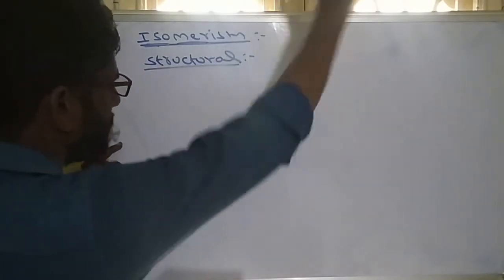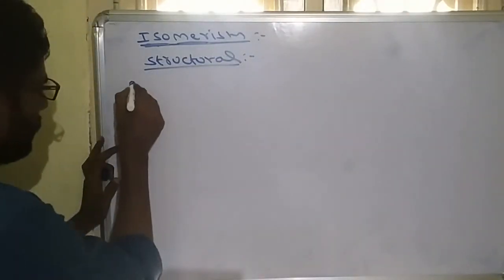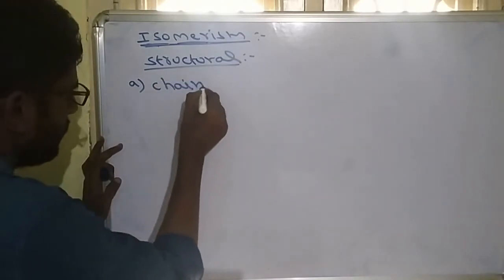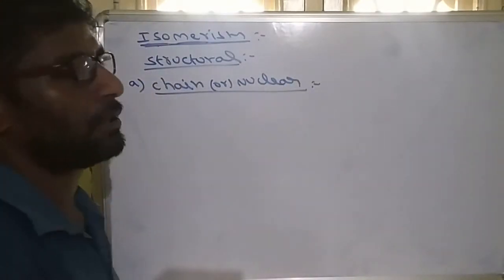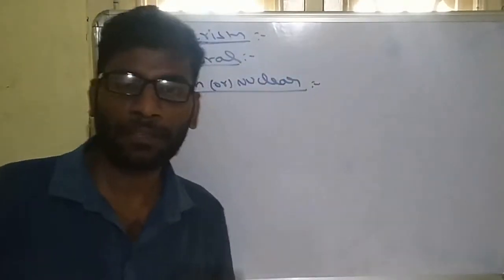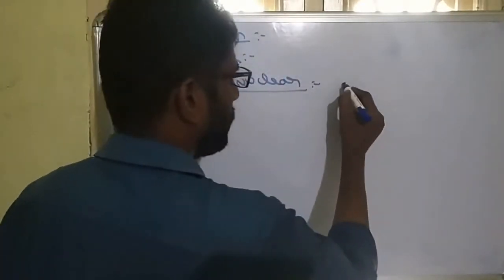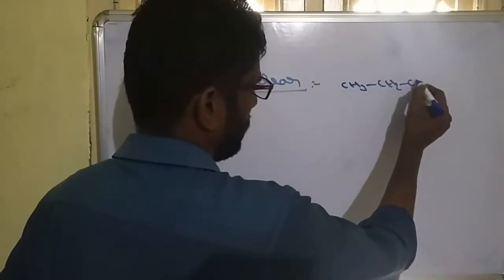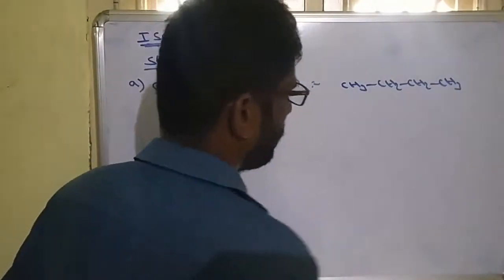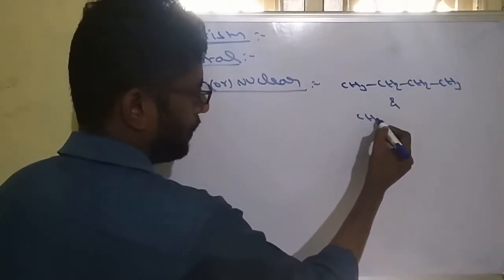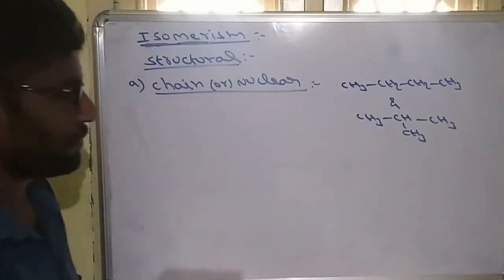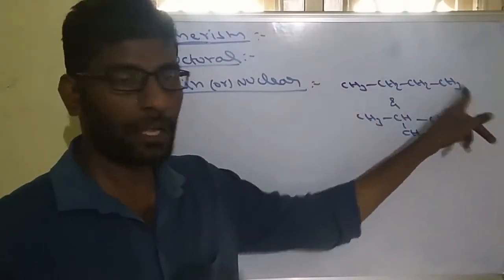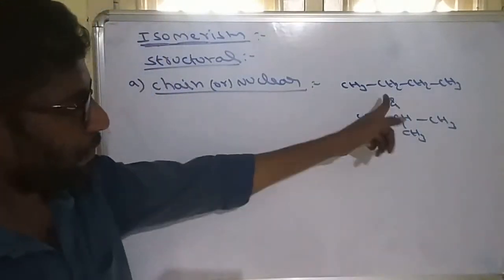In structural isomerism, a number of types are there. The first one is chain, which is also called nuclear isomerism. Chain isomers are those which have different carbon chain lengths with the same formula. For example, see this is a butane molecule and it is converted to 2-methylpropane. Both have the same formula C4H10, but the structures are different.